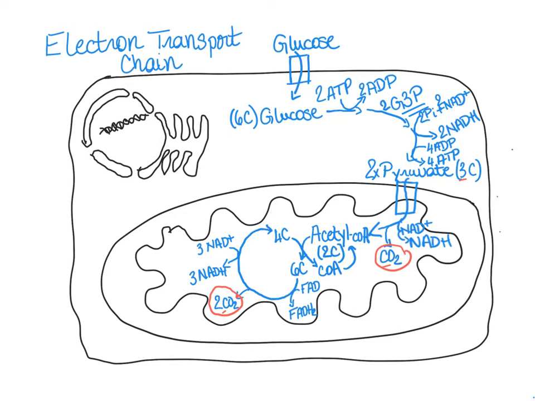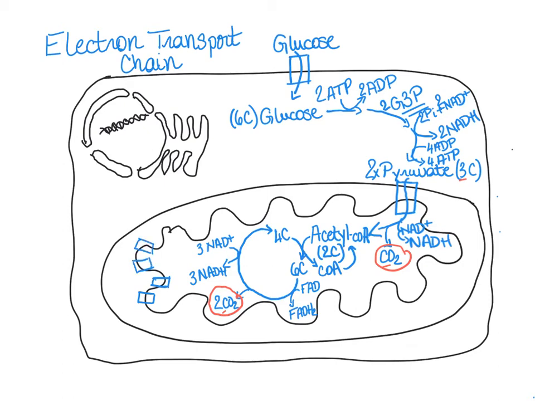All of the prior steps, the last part of pyruvate oxidation and the citric acid cycle, have been taking place in the matrix. And now we have all of these NADH and FADH2 molecules floating around in the matrix. They're waiting to bump into the molecules of the electron transport chain, which reside in the inner membrane of the mitochondria.